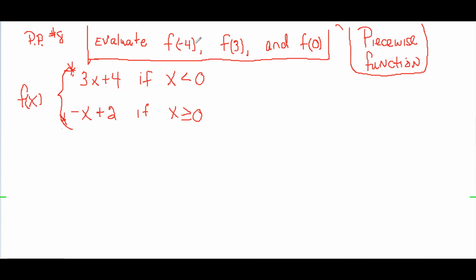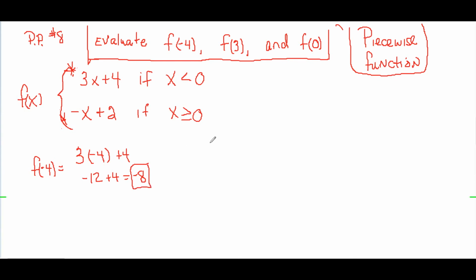All right, so I've got f of -4, and -4 is less than 0, so I'm going to use this top equation. And it's going to be 3 times -4 plus 4, which is -12 plus 4, which equals -8. So I could say f of -4 equals -8.